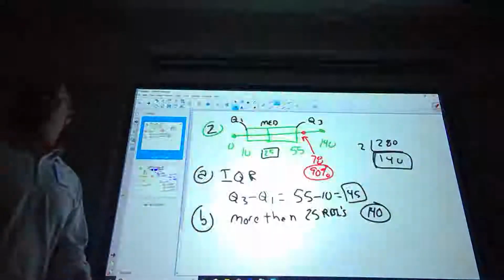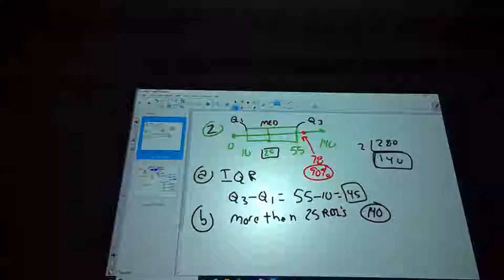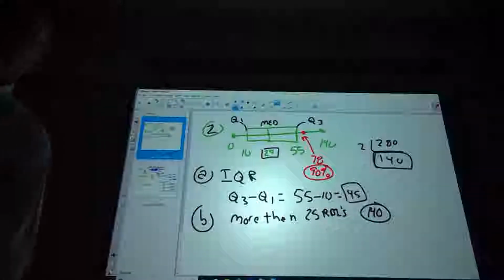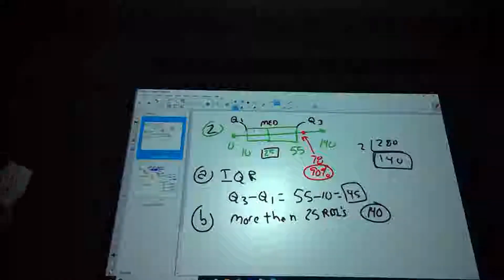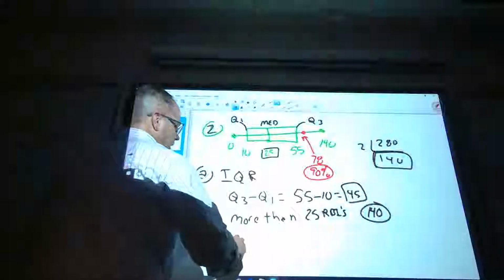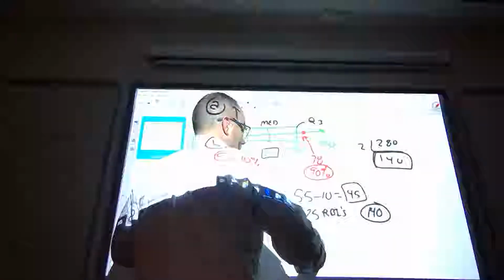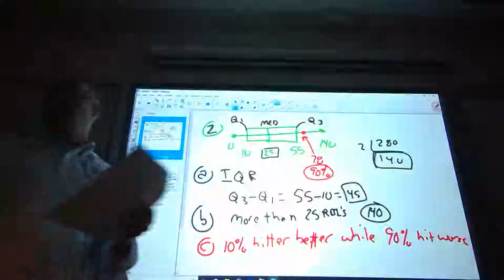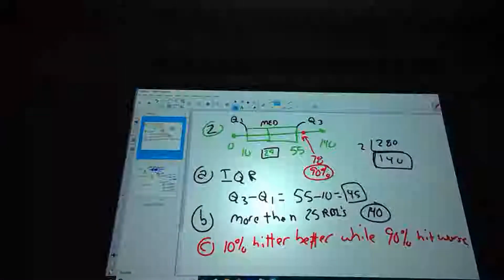So that means only 10% of the people hit more than him, and 90% hit lower than him. Does that make sense how I just said that? So for letter C, 10% hit better than that, while 90% hit worse. So he's at the 90th percentile, okay? It's a pretty high-end place to be.